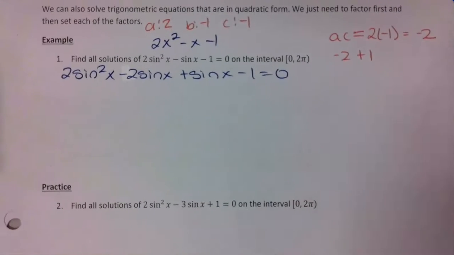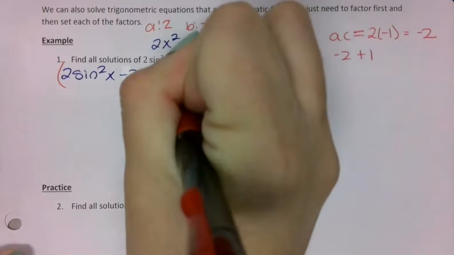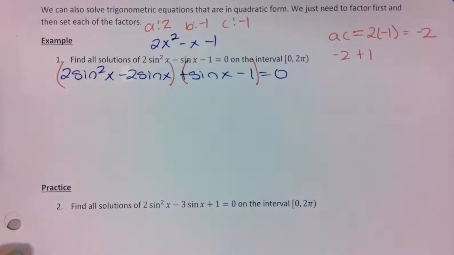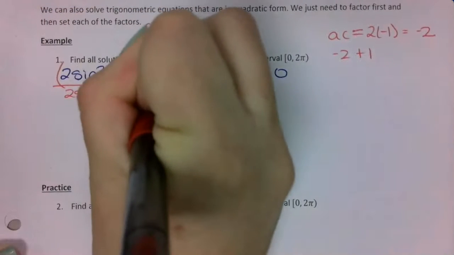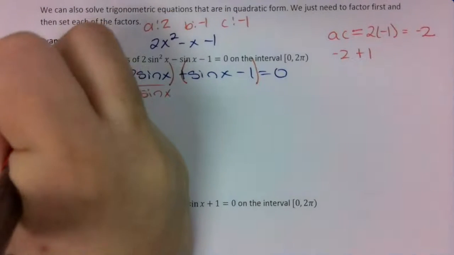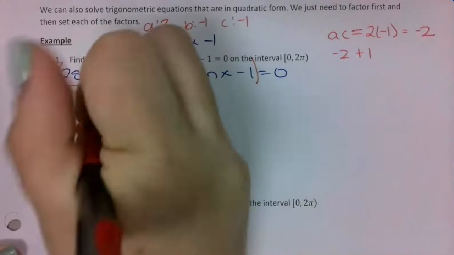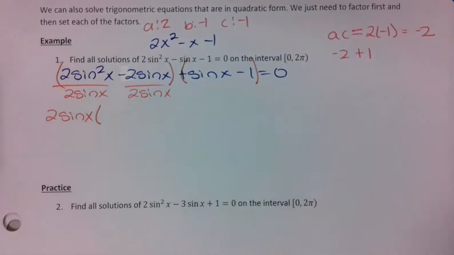Okay, then I want to go ahead and split these into 2 groups. What does my first group have in common? Okay, so I'm going to pull out a 2 sine x. What do I get left over for my first term?